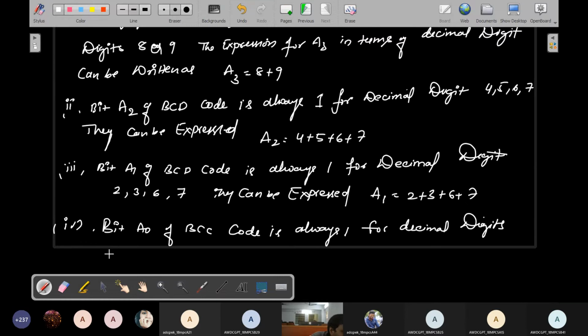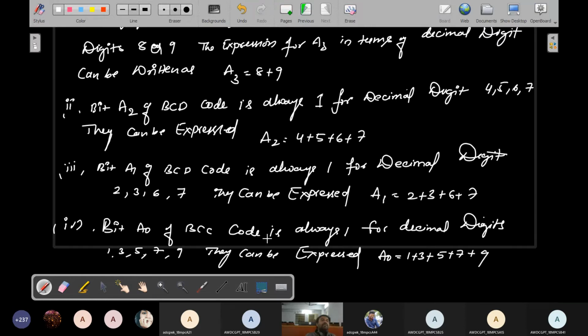See which digits? 1, 3, 5, 7, 9. So these digits always represent 1 for bit A0. So they can be expressed as A0 is equal to 1 plus 3 plus 5 plus 7 plus 9. So these are the representations.